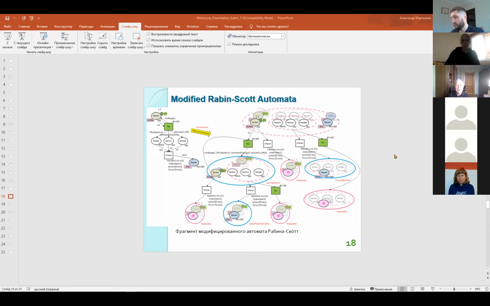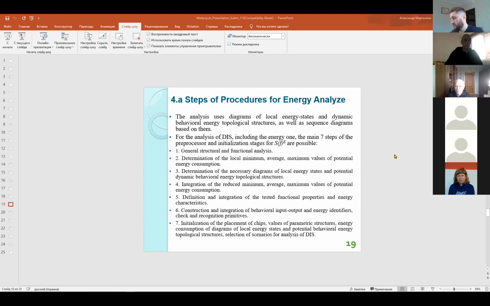This picture demonstrates the modified Rabin-Scott automata for energy identifiers. The analysis uses the diagram of local energy states and dynamic behavioral energy topological structures, as well as sequence diagram based on them.